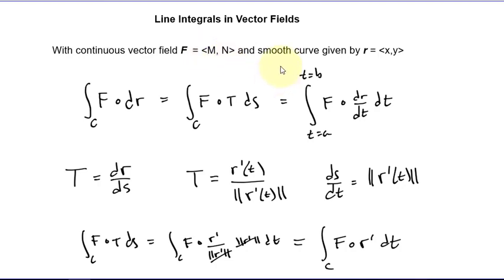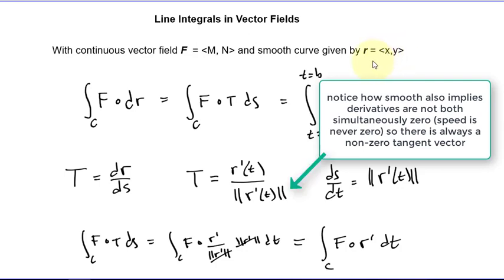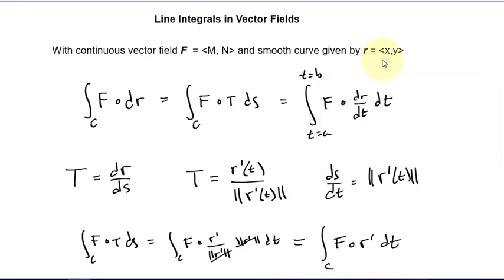And then we'll also enter into this analysis a smooth curve that doesn't have any corners or cusps, so that we have continuous derivatives. So a smooth curve that's also given by some vector valued function that has components x and y.